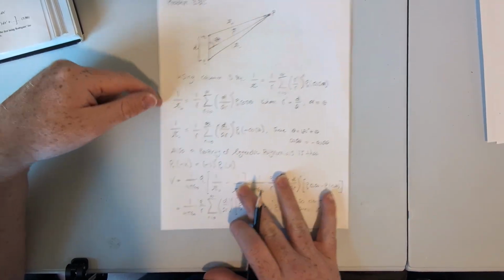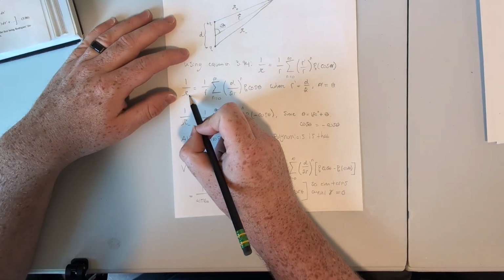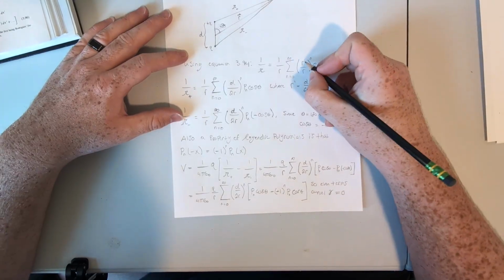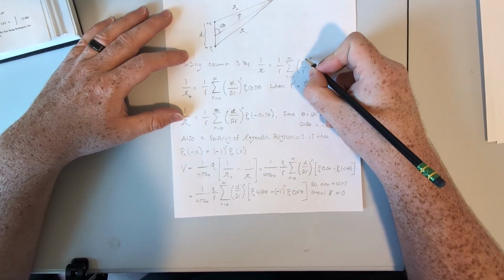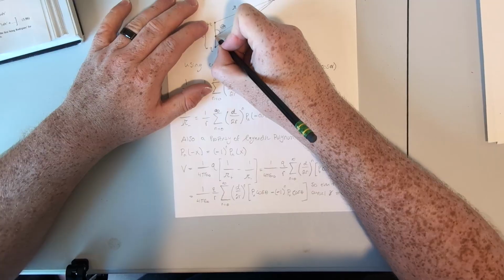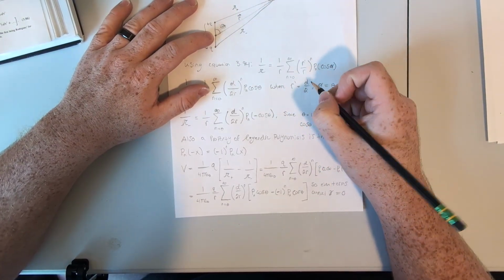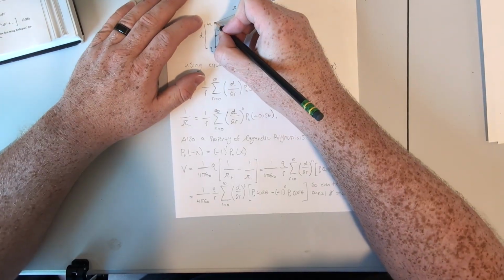And so I wrote down here that 1 over script r plus is 1 over r times the sum, and this r prime term is the vector from our origin, which is this point here, to the actual charge. So in this case, to this plus charge.